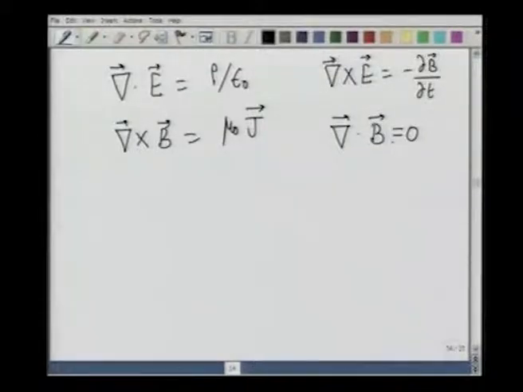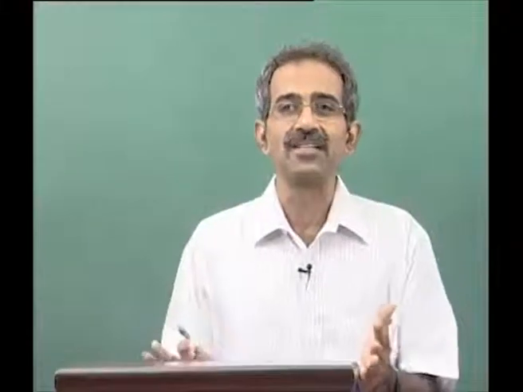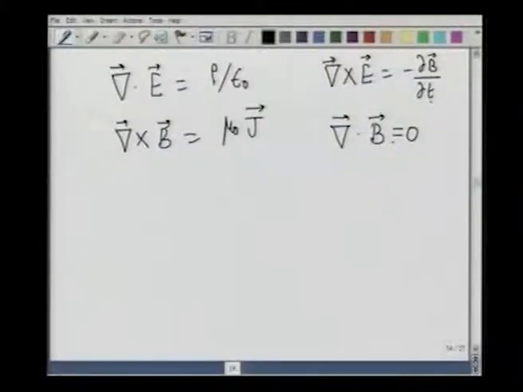Now, the first observation of course is that these equations as we have written are in contradiction with the idea of the conservation of charge. The other thing that you notice is that you have a time dependent magnetic field producing an electric field. So, let me write it explicitly.